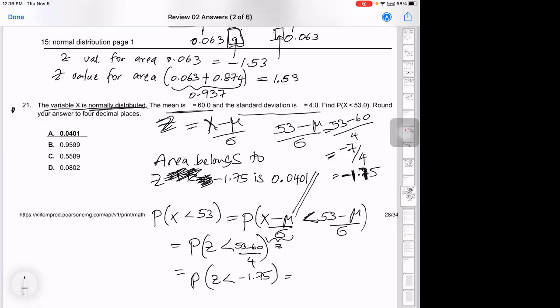Okay, so here this is a probability value, which means this is an area. I told you probability equals area. Clear? If you convert it like this, then you will get the Z value, like here negative 1.75. Then go to the Z table, locate negative 1.75 and get the area.